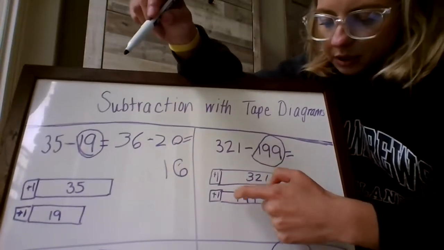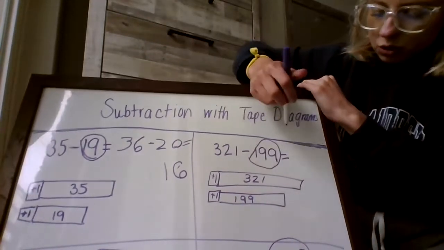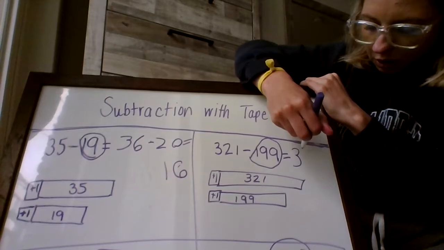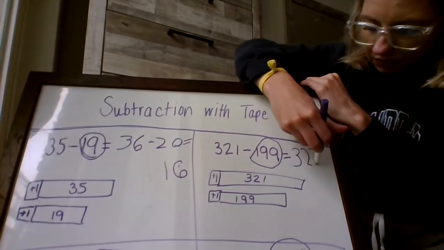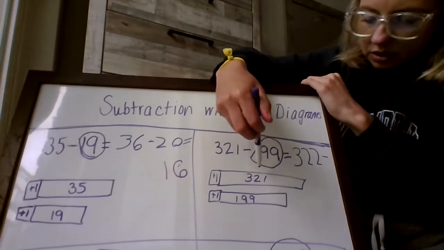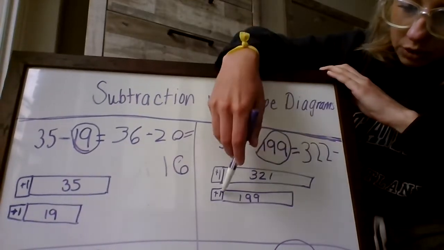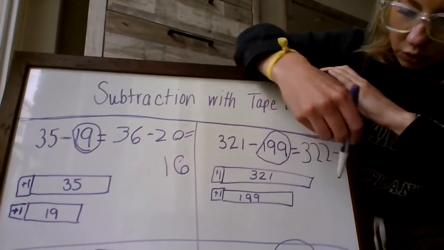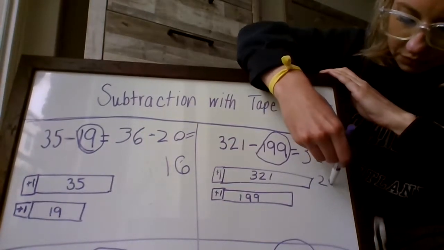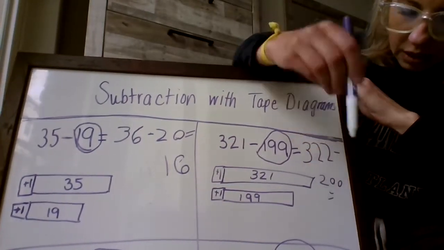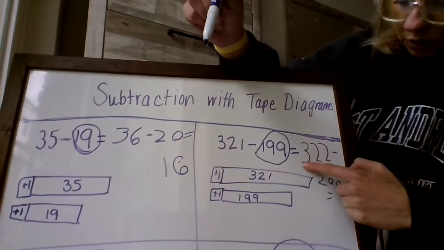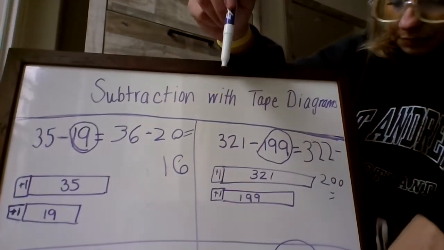And now I'm going to make this a 200 and make this a 322. So our new number sentence is going to be 322, because look, I'm adding it. 321 plus 1 more is 322. And we're going to minus 200. I know I wrote that a little bit silly, but 322 minus 200.